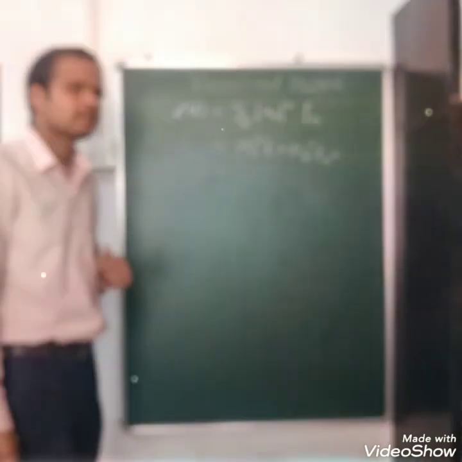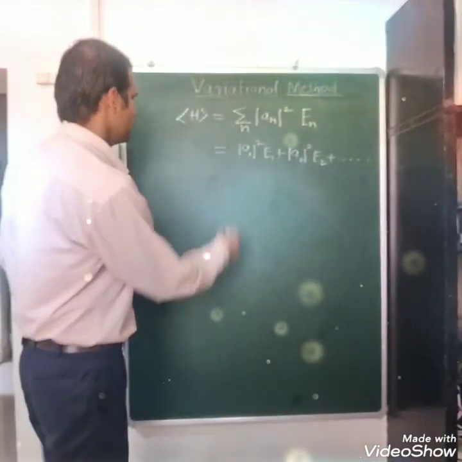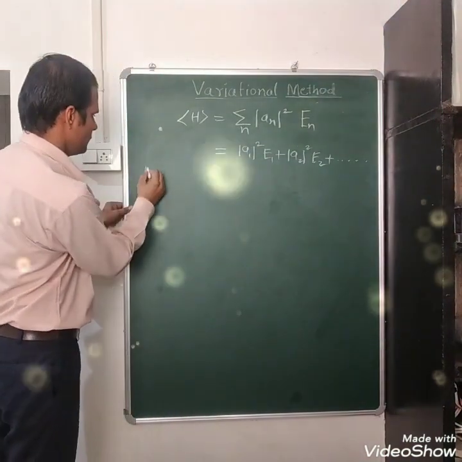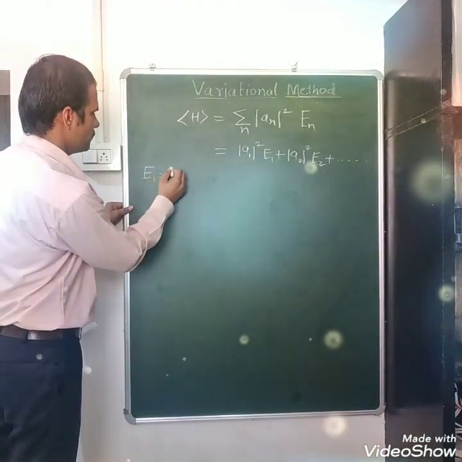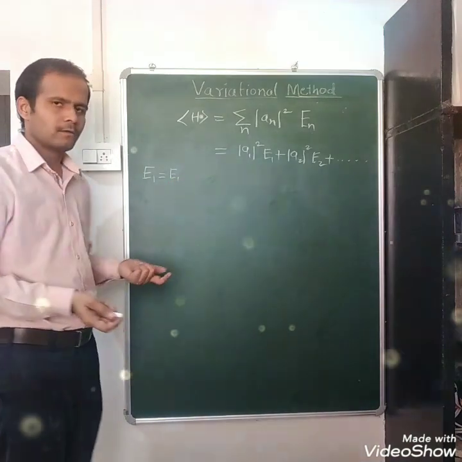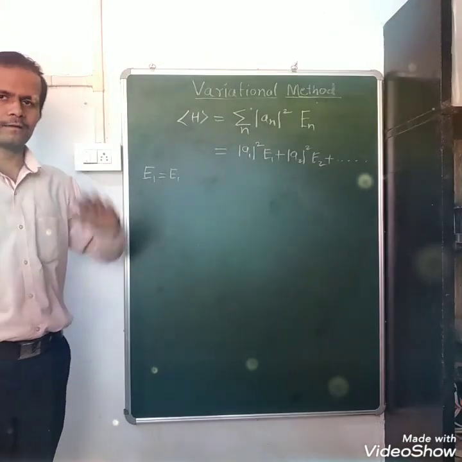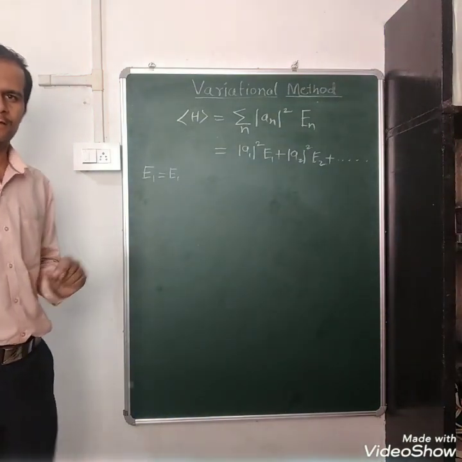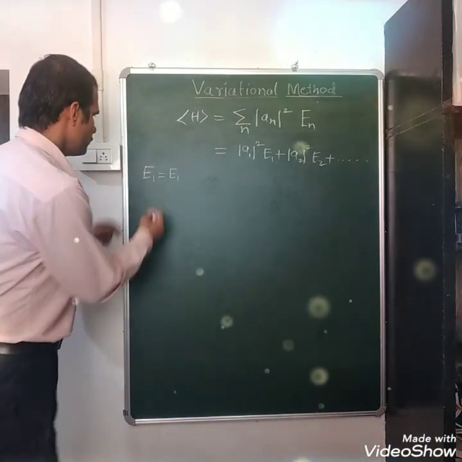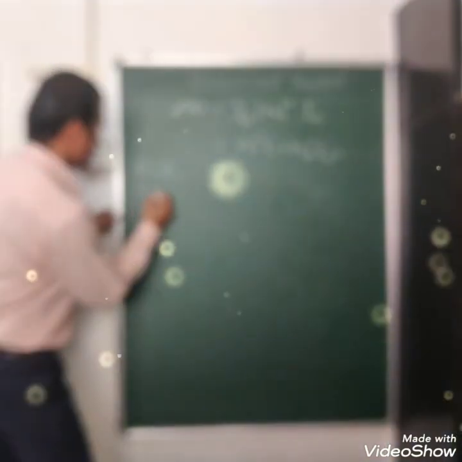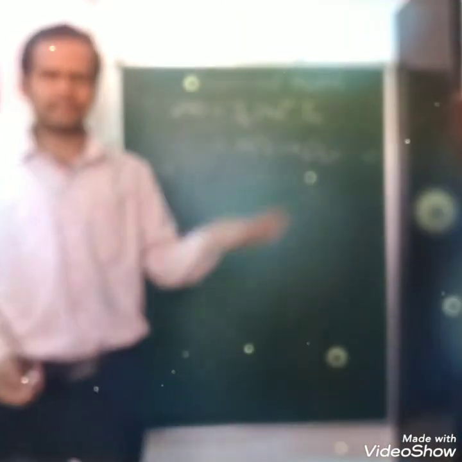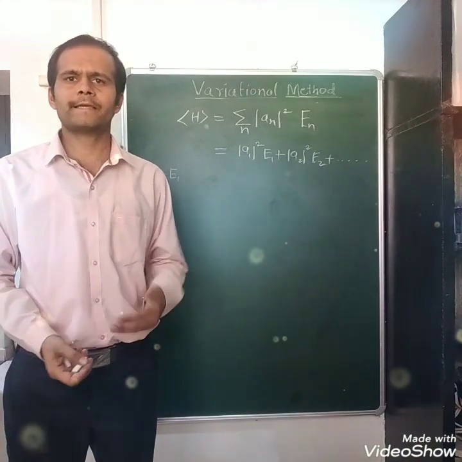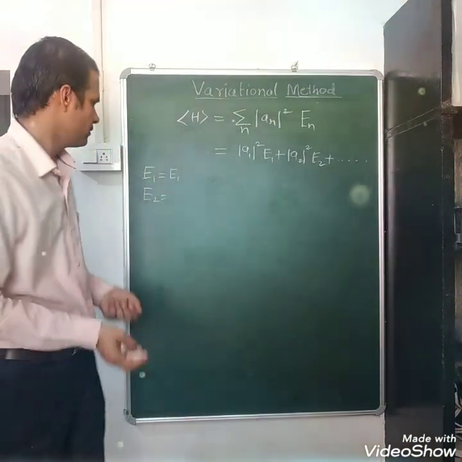Now another thing, we know that what is E1? E1 is the ground state energy or the energy of the first state. Now what is E2? E2 is the first excited state or the second state energy.